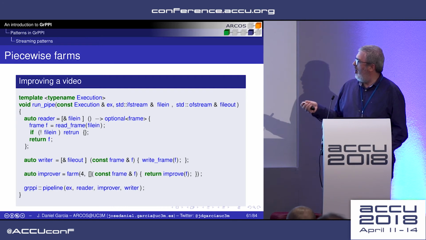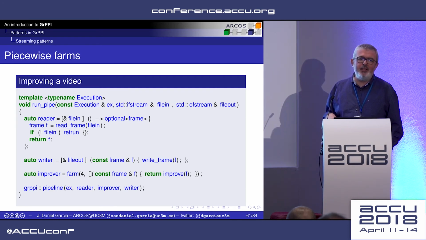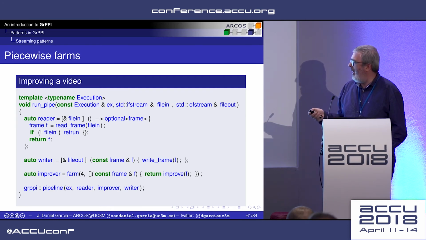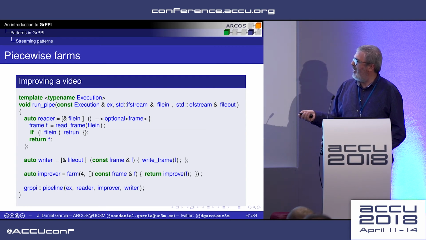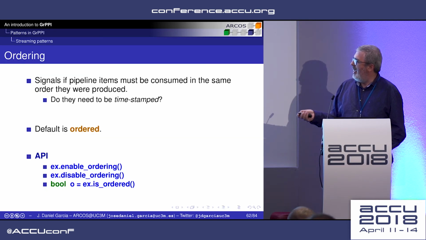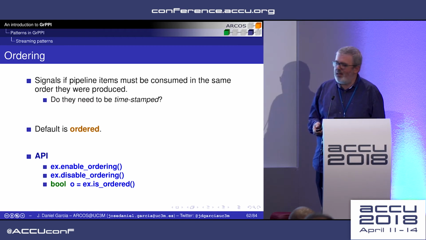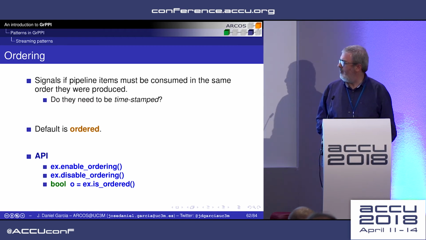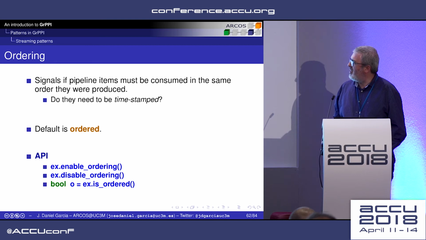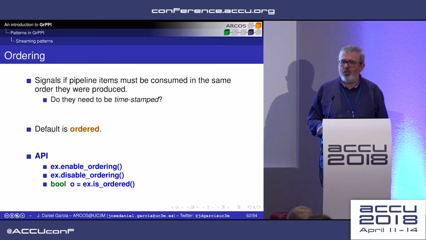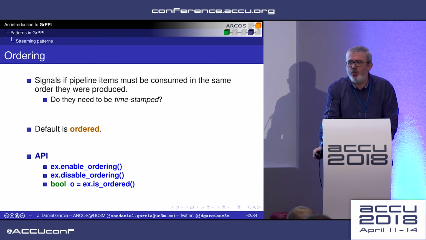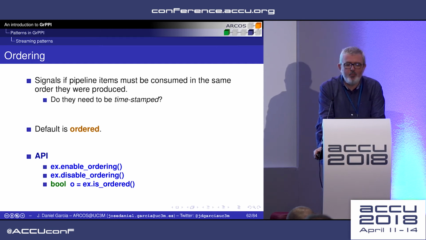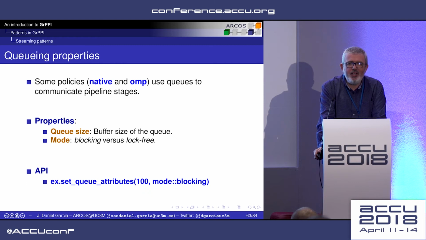We have the ordering, which implies a time stamping of items. And then to my execution policy, I can say enable ordering or disable ordering. We have some additional properties because in most backends we communicate different stages with queues.